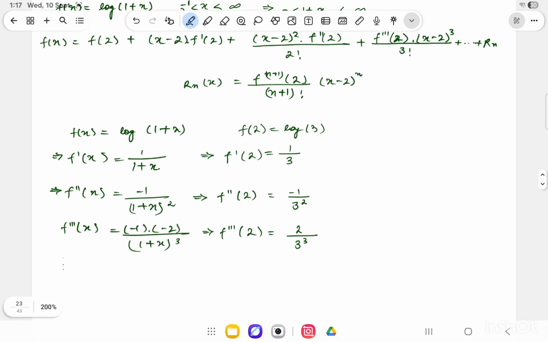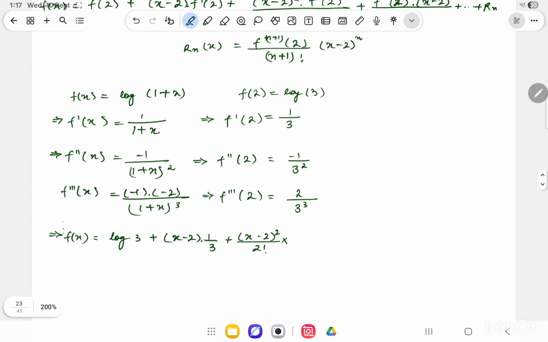So from here, Taylor's expansion of f around x = 2 will be log 3 + (x - 2) f'(2), so f'(2) is 1/3, + (x - 2)^2/2 factorial times f''(2), that is -1/3^2, plus and so on.